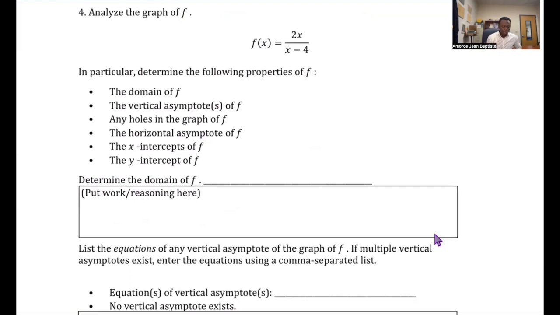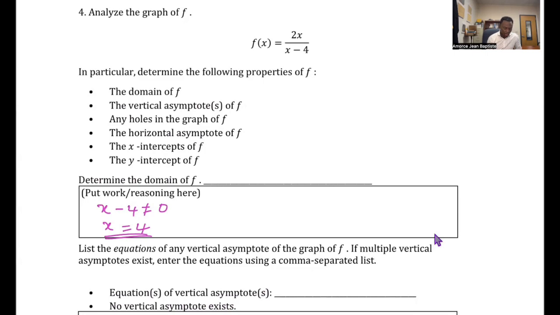Domain will be all the values for which the denominator is not equal to 0. So x minus 4 should not be 0. So x equals 4 would be the excluded value, the value we cannot have for x for the existence of the function.